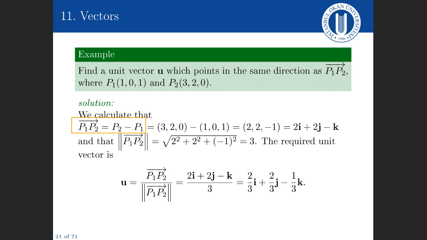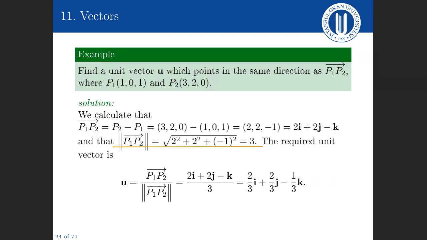The vector P1P2 is just P2 minus P1, always terminal point minus initial point. And you can check that this is 2i plus 2j minus k. I'm also going to leave it for you to check that the norm of this vector is equal to 3.